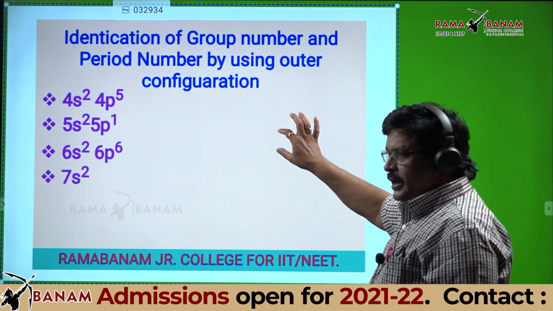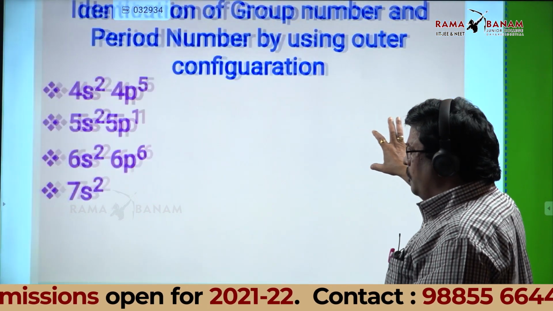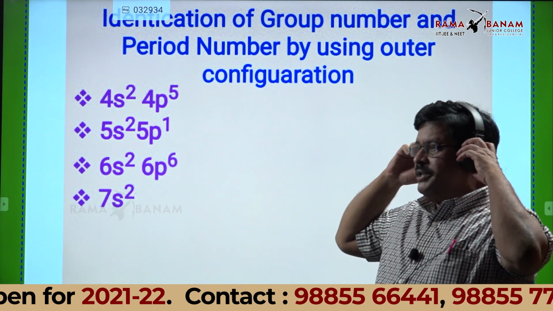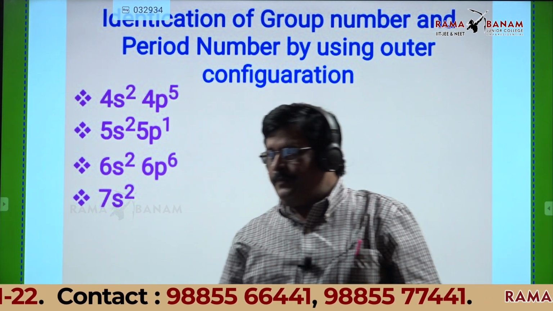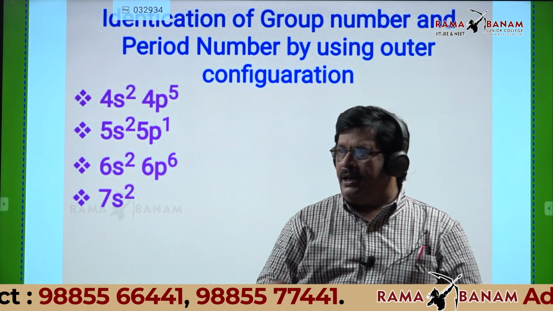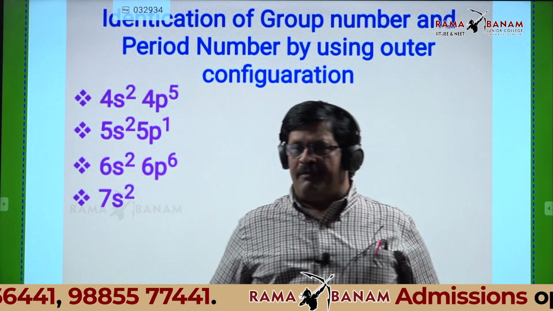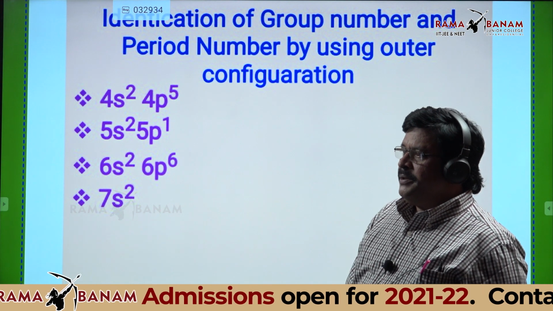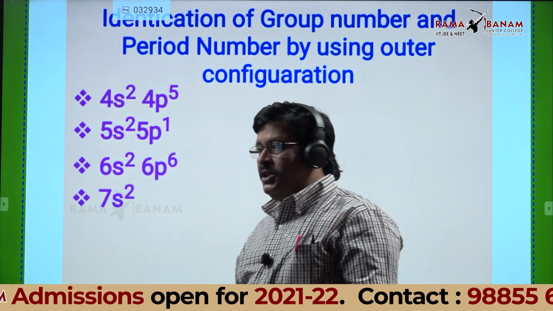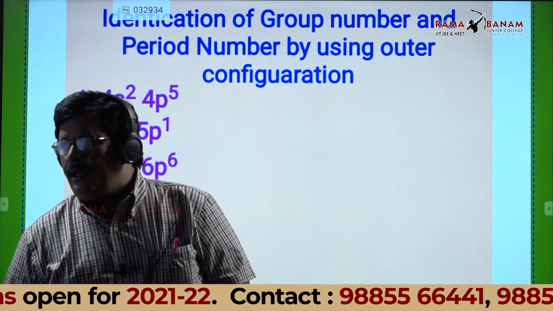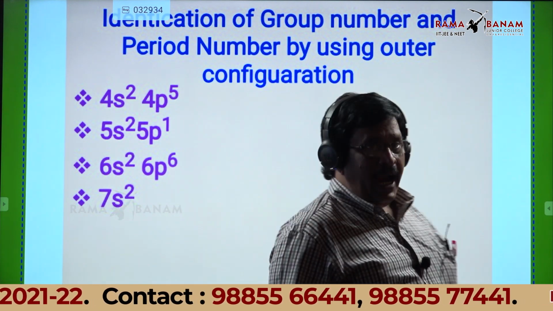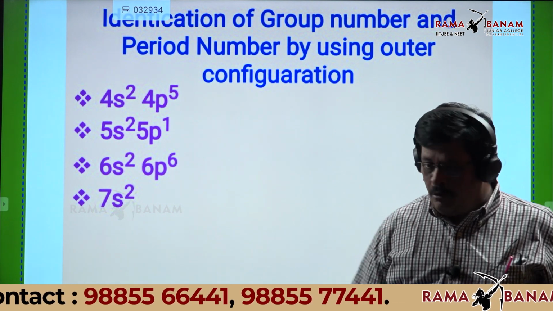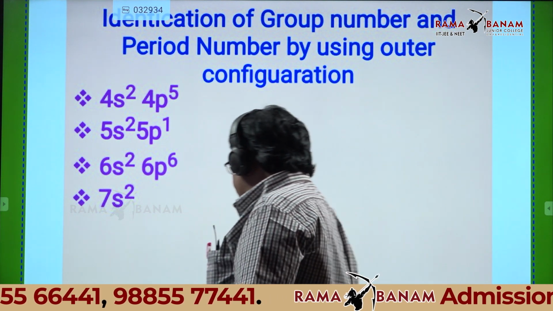Can you identify the group number and period number of these 4 elements? Try, because in the last class I explained for 2 elements. These are valence shell configurations, meaning outer configuration I have given. You try to identify to which group and to which period this element belongs.